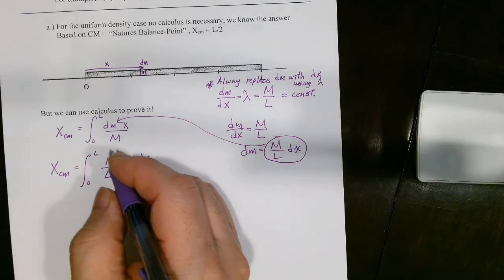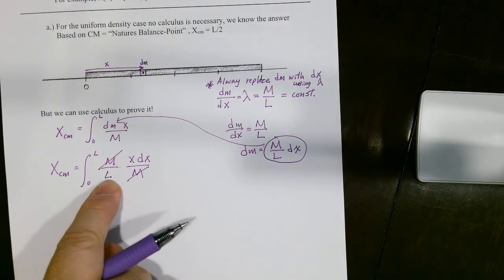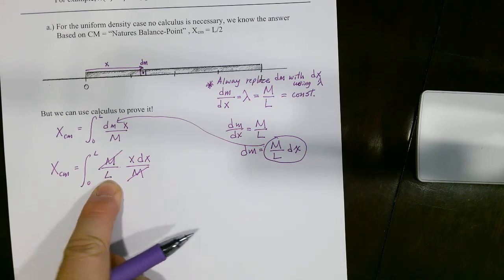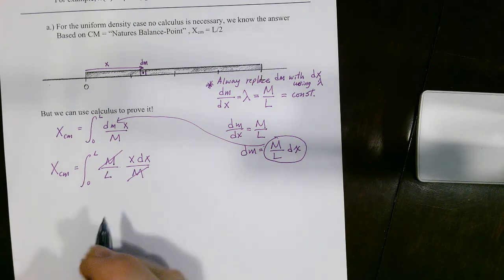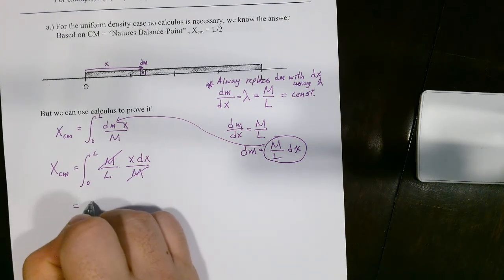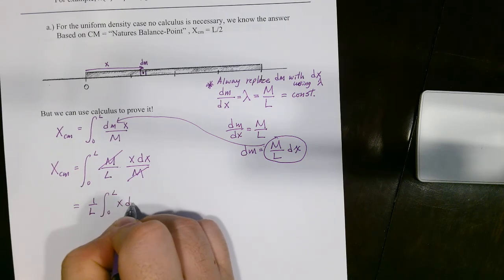So notice how the total masses cancel out. And the length itself here is also constant, right? The length is not going to automatically change on us, right? So 1 over L, integral from 0 to L, x dx.